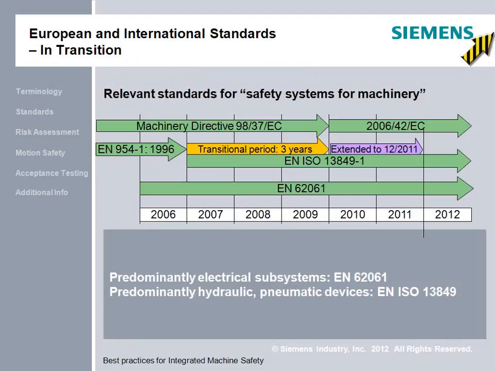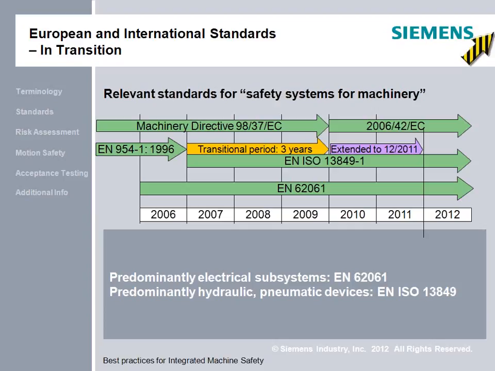So a pictorial time chart of where the standards, both from Europe and internationally, have come from and transitioned to. We see that at the beginning of 2010, the 2006 version of the European Machinery Directive went into place.